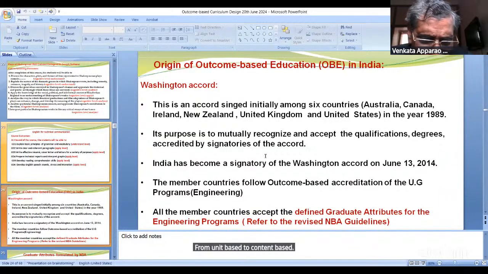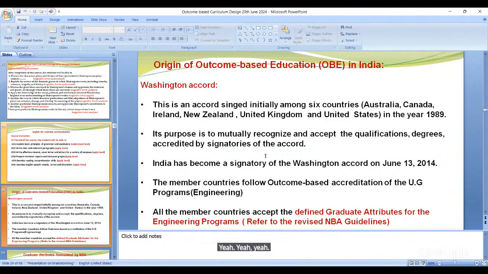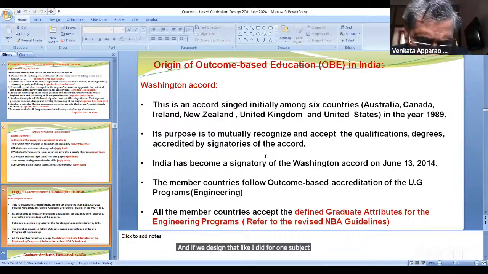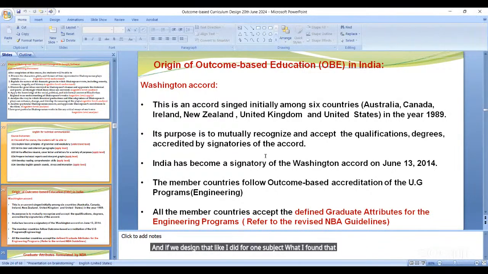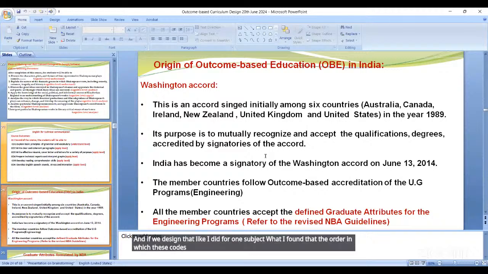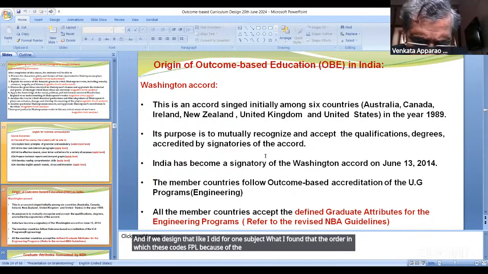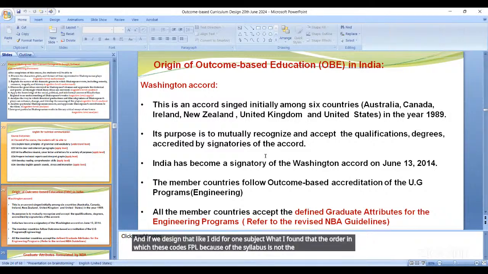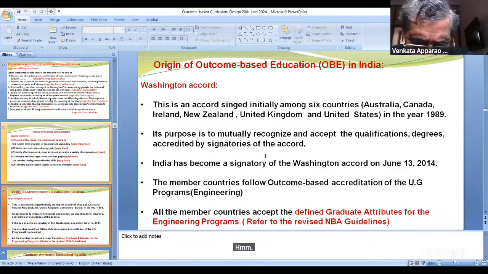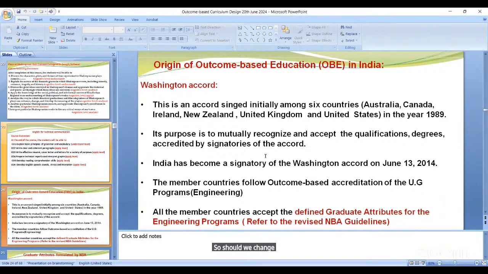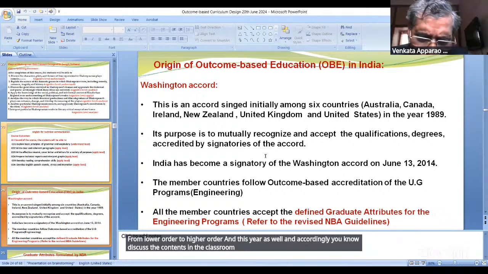We can pick up contents from the syllabus and design our COs. If we design that, like I did for one subject, what I found is that the order in which these COs appear because of the syllabus is not the order of the Bloom's taxonomy levels. So should we change the order of the COs according to the Bloom's taxonomy level from lower order to higher order, and accordingly discuss the contents in the classroom and create the learning experience? That's my question.